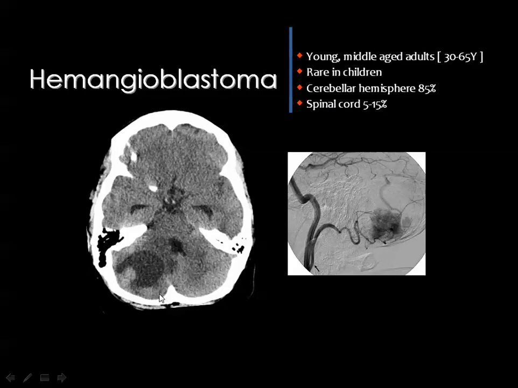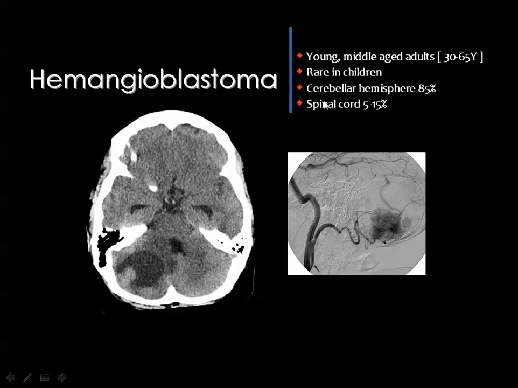The difference between hemangioblastoma and pilocytic astrocytoma are: number one, the hemangioblastoma occurs in adults, and it is rare in children, while the pilocytic astrocytoma is common in the pediatric age group.